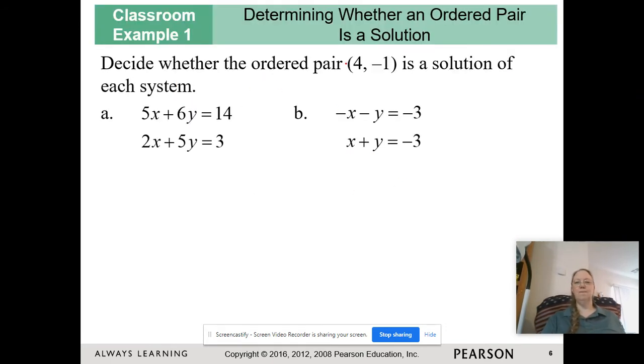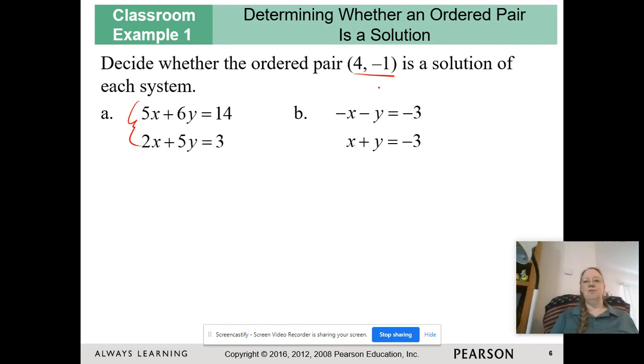All right, so here we go. We're trying to figure out if the ordered pair 4, -1 is a solution to each of these systems. So what we're going to do is take 4, -1, and plug it into this first equation. My x is 4, and my y is -1. We're going to simplify it and check to see if it's equal. So we have 20 minus 6, and 20 subtract 6 is 14.